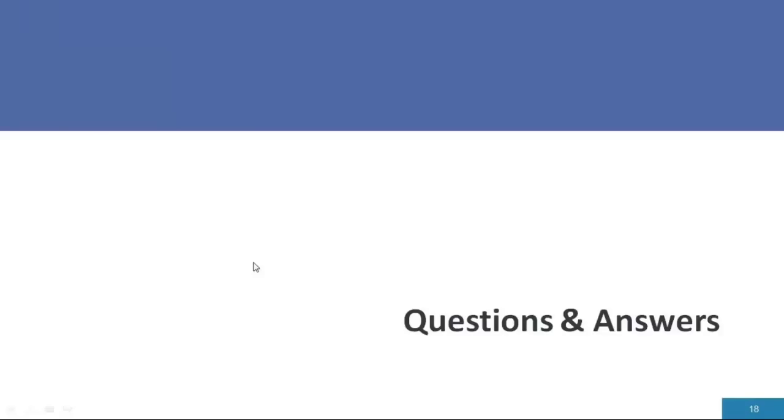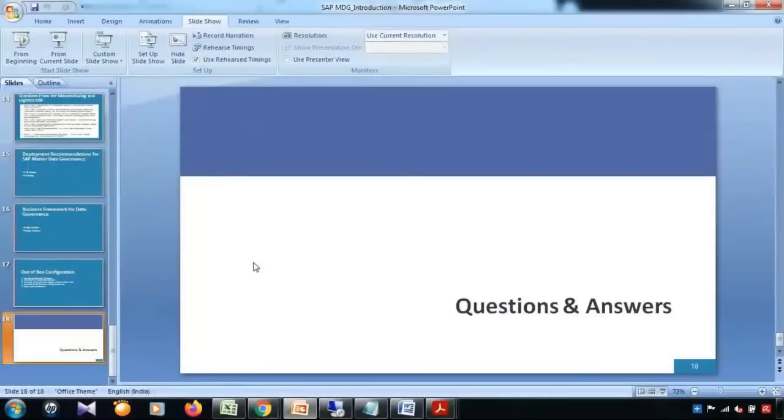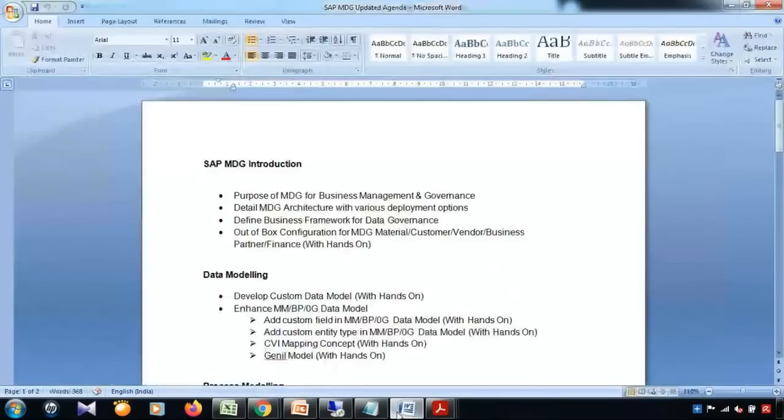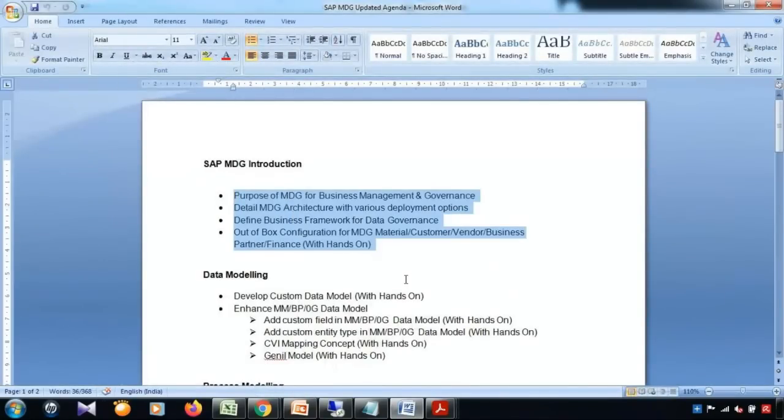So this is the whole discussion about this MDG introduction. As I previously mentioned, this is more or less a very fundamental understanding, and you can't expect much system interaction here. Our system interaction will start from the next chapter, which is the data modeling.